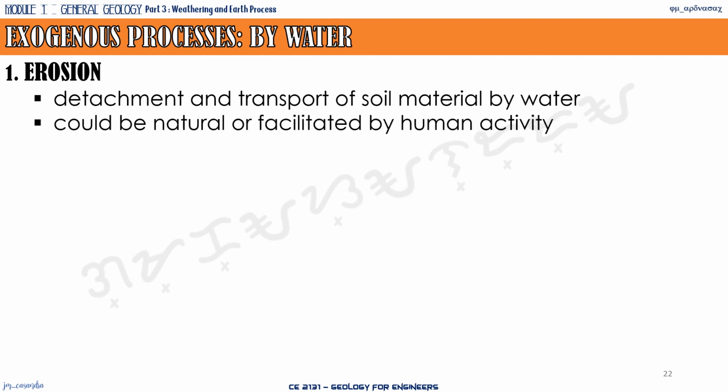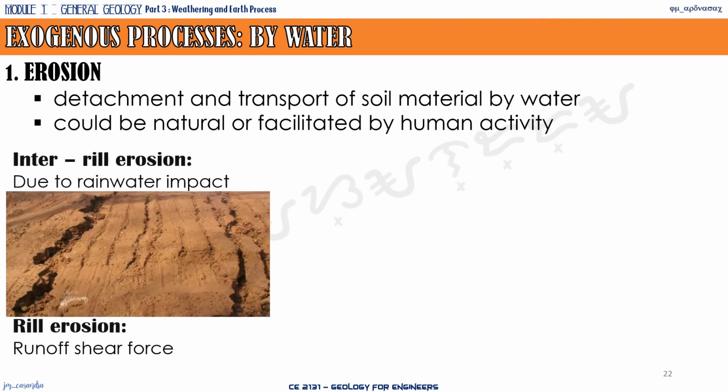This could be natural or facilitated by human activity. There are types of erosion under geology, which are inter-rill erosion and rill erosion. Basically, ang difference lang nila is the impact of rainwater. So yung inter-rill, pagpatak ng tubig sa lupa, 'di ba?